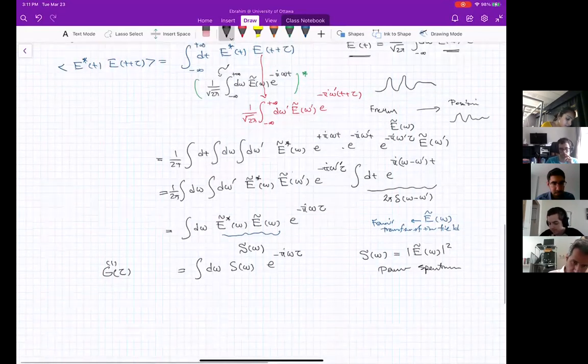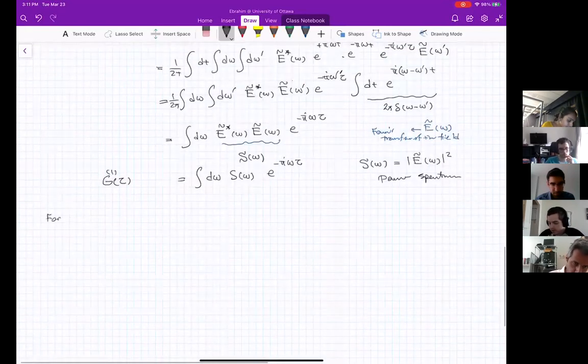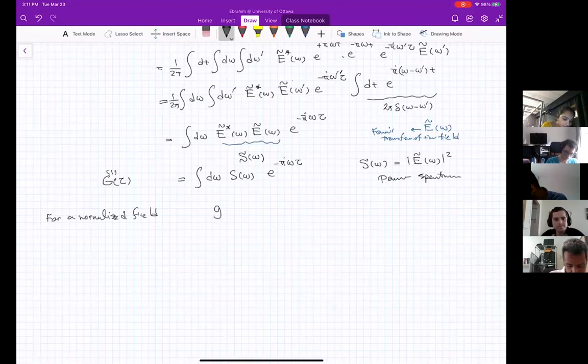Then for a normalized field, G1 of tau is essentially the integral of d omega S of omega e to the power of minus i omega tau.